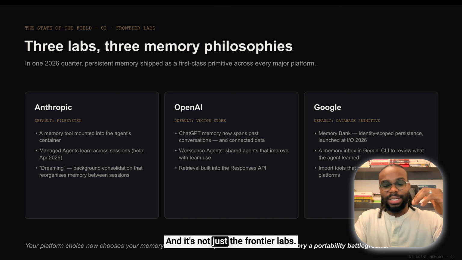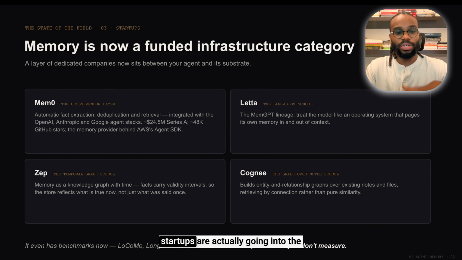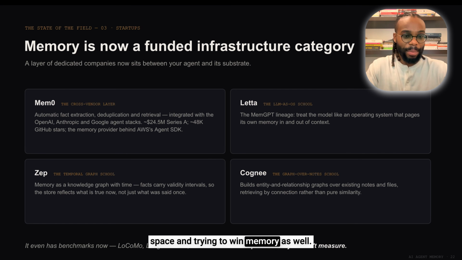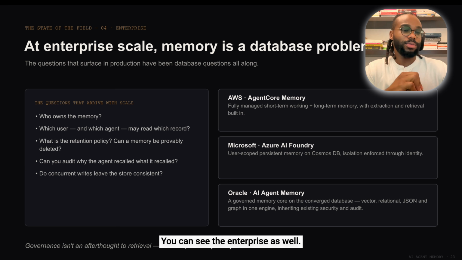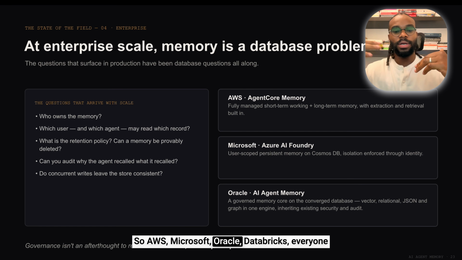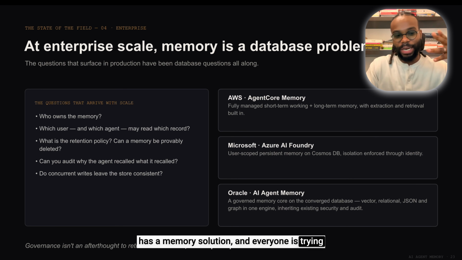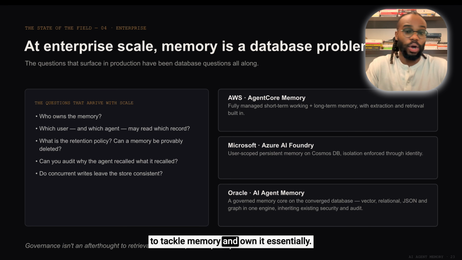And it's not just the frontier labs; you're seeing the startup space too. Startups are going into the space and trying to win memory as well. You can see the enterprise as well: AWS, Microsoft, Oracle, Databricks, everyone has a memory solution.